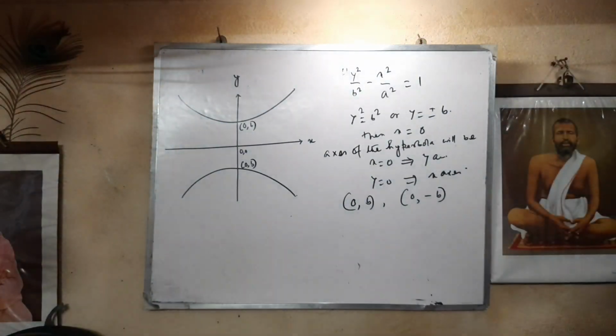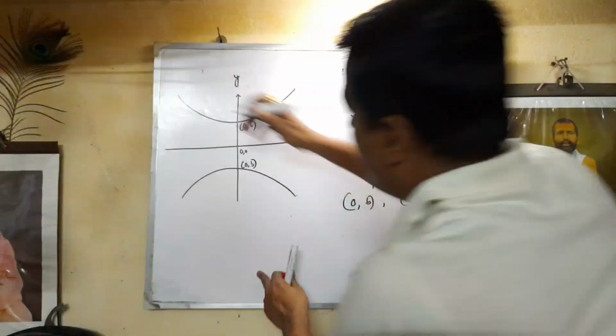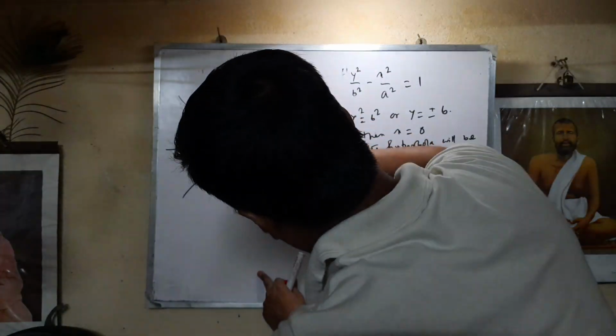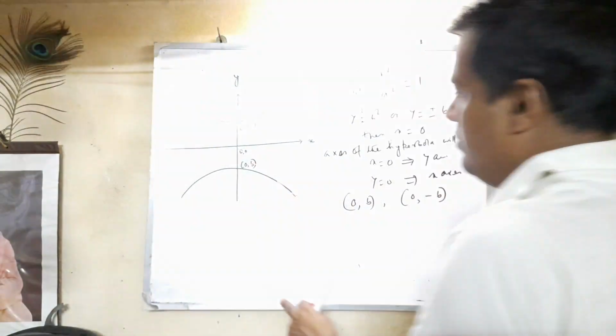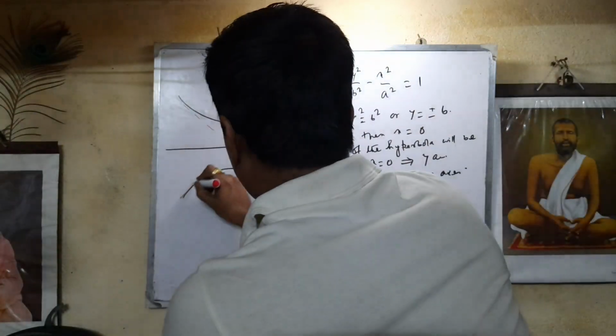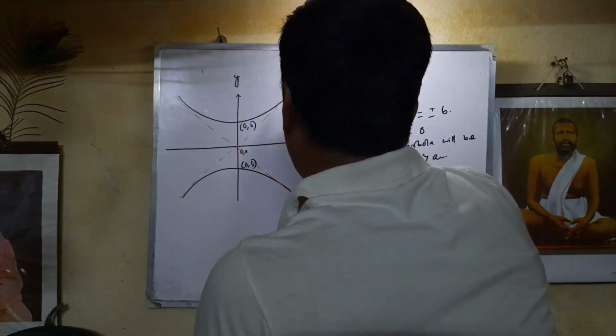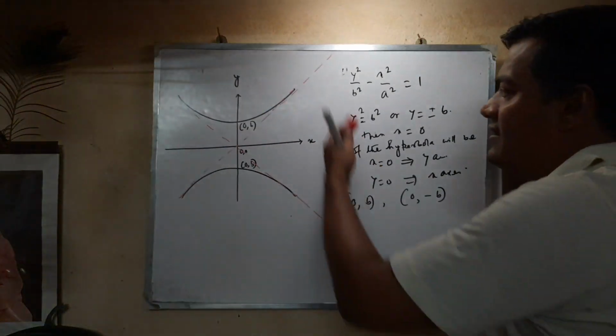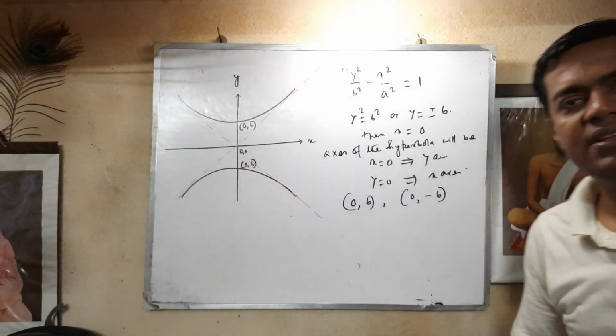And if you want to draw the asymptote, it will be like that. And another asymptote I am trying to draw, it is not to scale, will be like that. These two dotted lines represent the two asymptotes to this hyperbola.